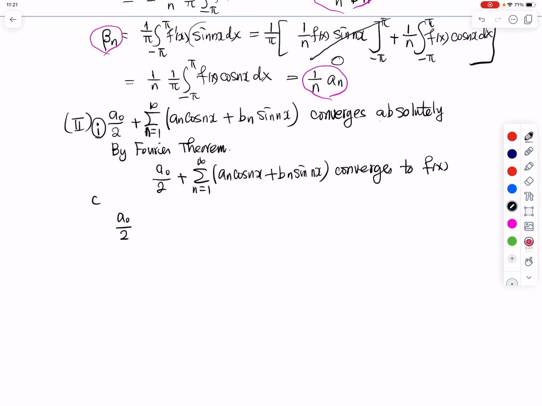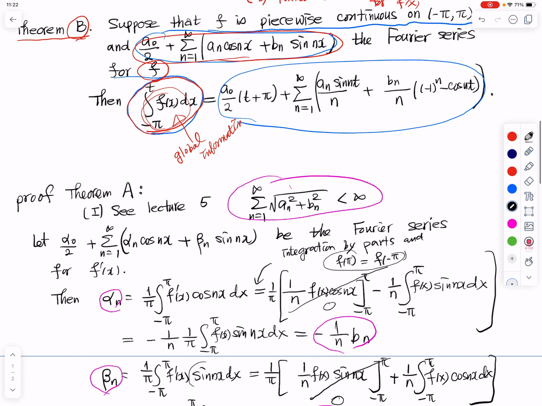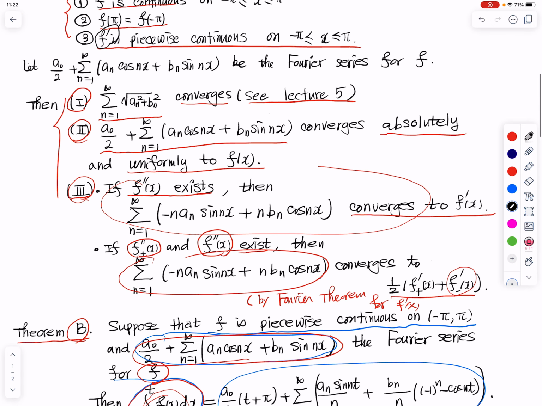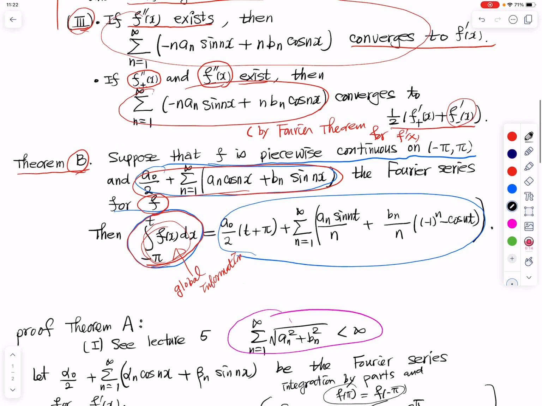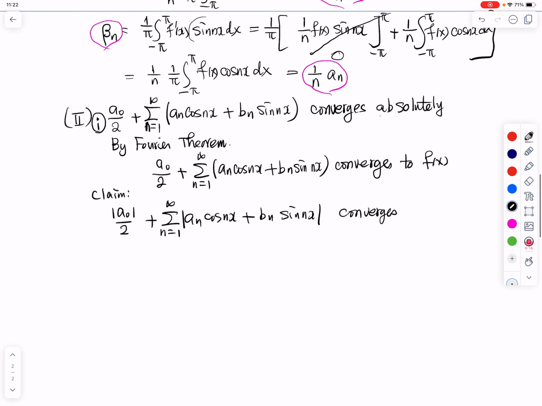Our claim is to show that the absolute value of this, and then the summation n from 1 to infinity of a_n cosine nx plus b_n sine nx, converges. This convergence means absolute convergence.